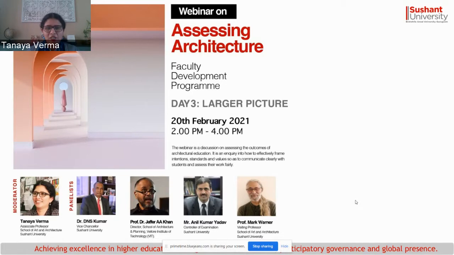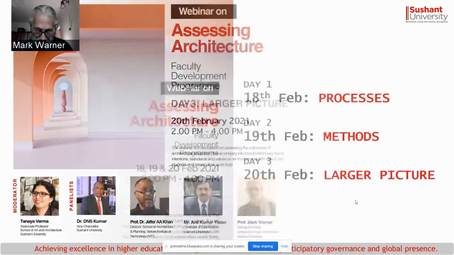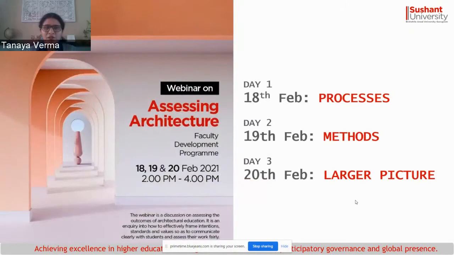The first session on 18th discussed and focused on the process of assessment. The discussion revolved around what are we assessing, the subjective and the objective aspects that are part of this assessment.